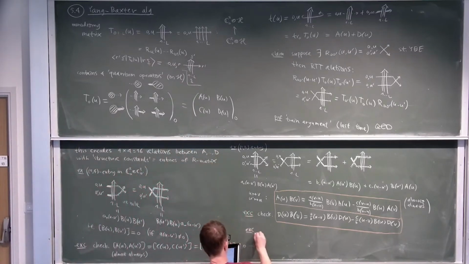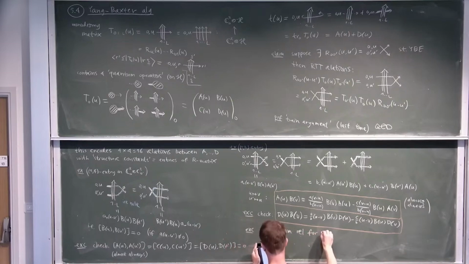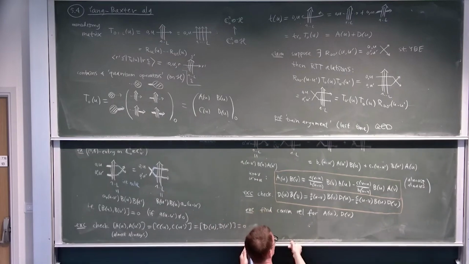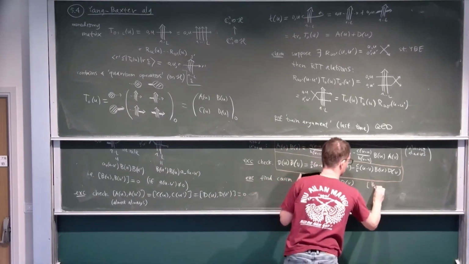However, it's good, I should have the following exercise to check that everything is consistent. So find the commutation relation for A and D, so A of U and D of V, let's say. And as a kind of a partial hint, let me mention that in this relation, B and C will appear.